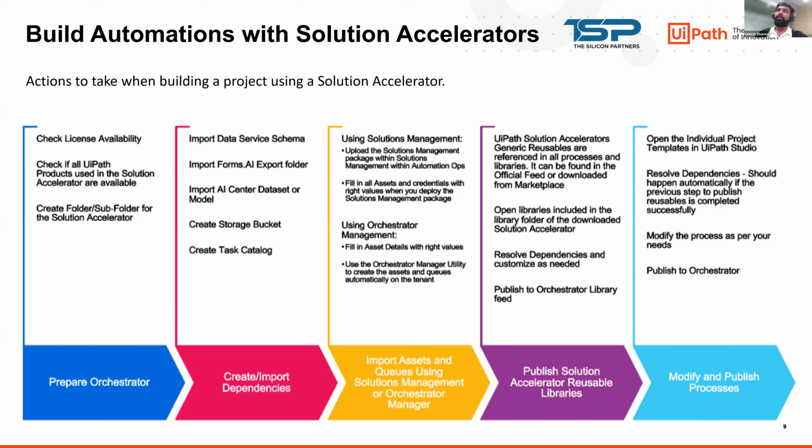Check if all the UiPath products used in the solution accelerators are available. So let's suppose in the two-way match process, a document understanding framework or document understanding components are used, Action Center and ML skills and everything else. So you need to make sure that all the products are already enabled or are there in the tenant that you are using.